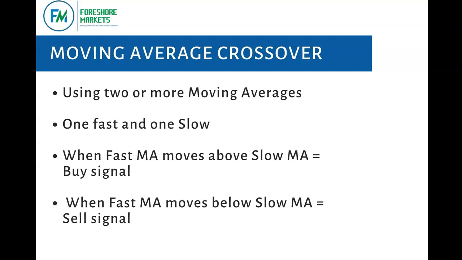Okay, so what are the basic principles of this? One, you use two or more moving averages, but in this video we're going to be using two moving averages. One is fast and one is slow.